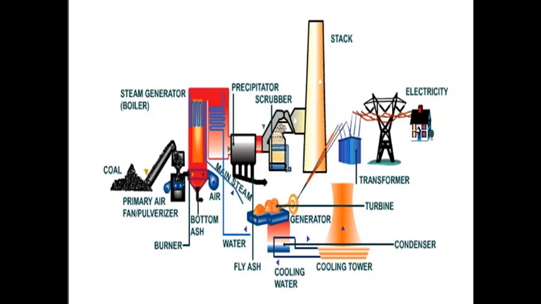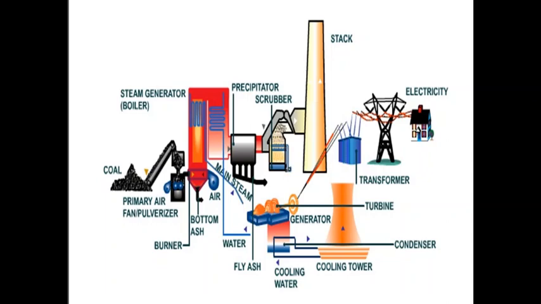One part is called bottom ash, which comes at the bottom of the furnace, and the other part is flying with the product of combustion, called fly ash, which flies with the flue gas. It passes through different passes, and then it is arrested in a dust collecting mechanism, and this clean flue gas is exhausted through an induced draft fan through the chimney to the outside atmosphere.